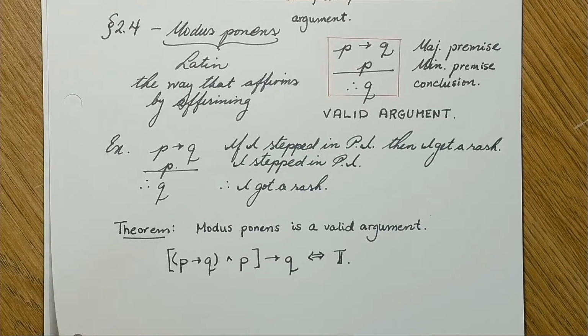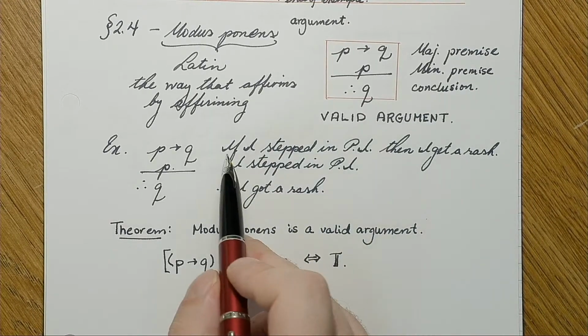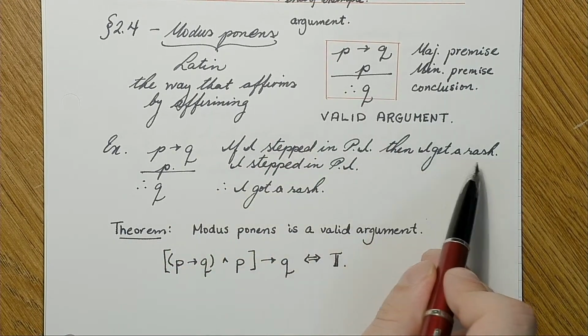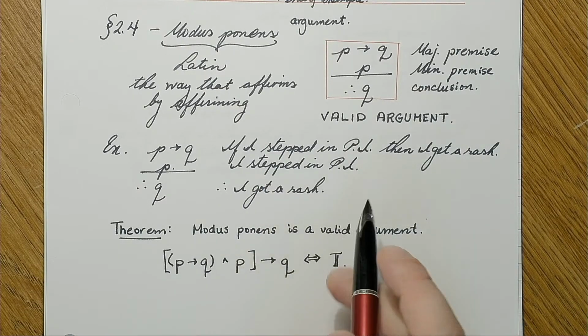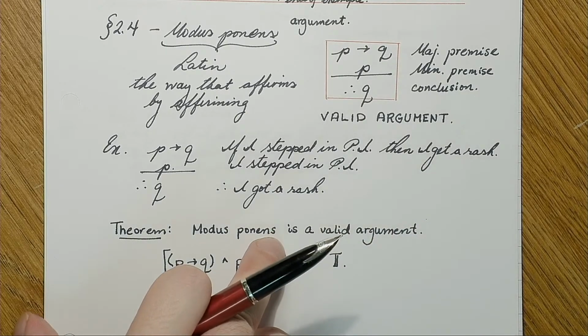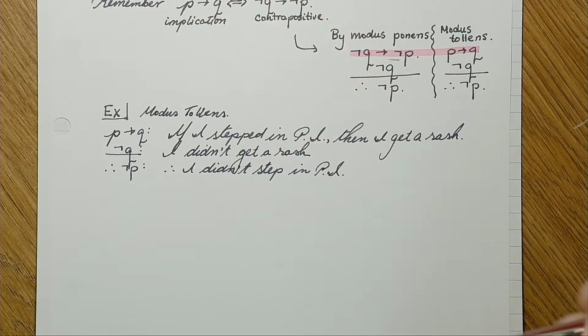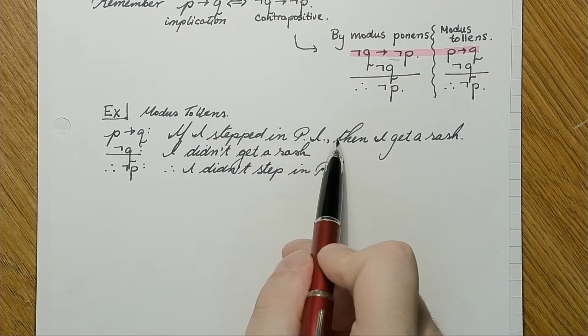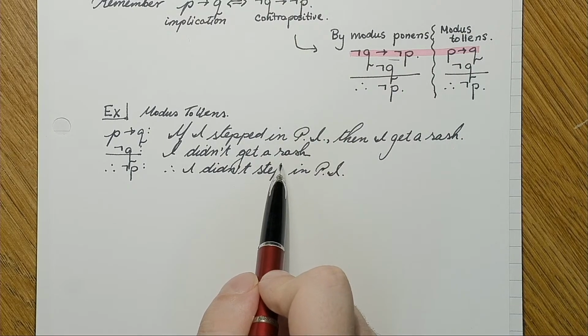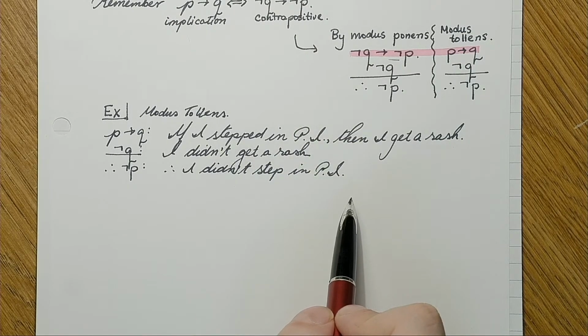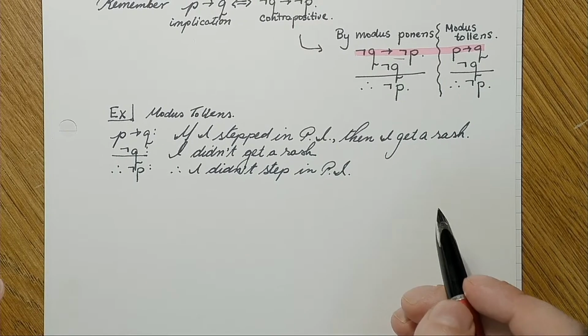So just comparing that to what we had done in modus ponens. Again, if I had stepped in poison ivy, then I get a rash. I stepped in it, I get a rash. It tells you the cause and effect. I don't have the effect, therefore I don't have the cause.